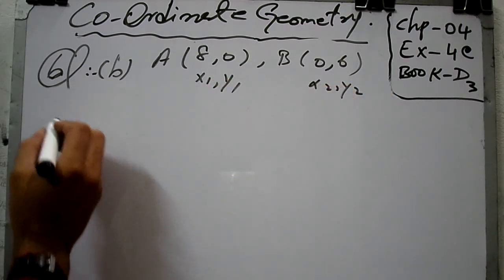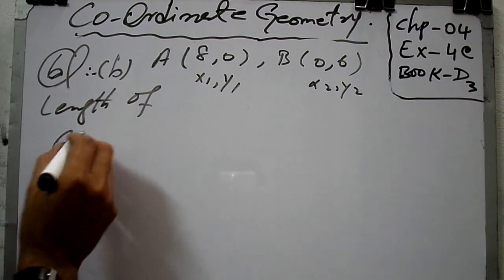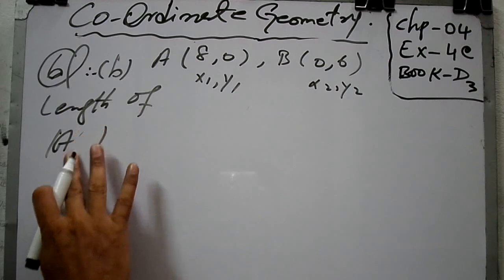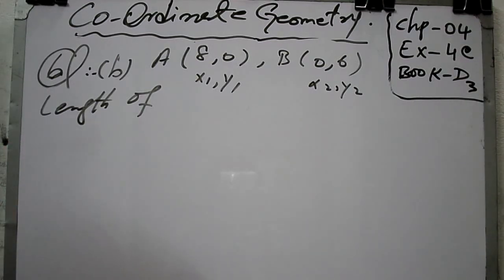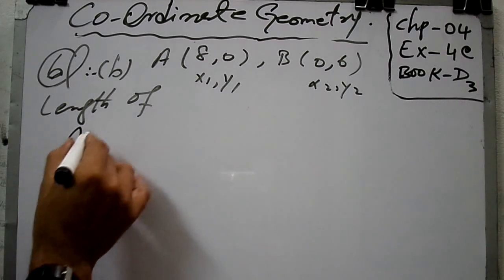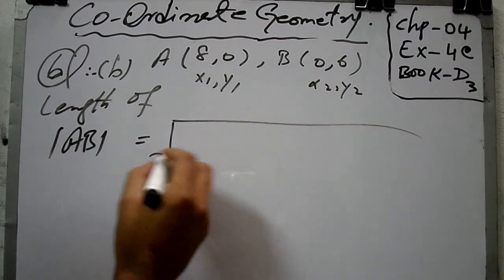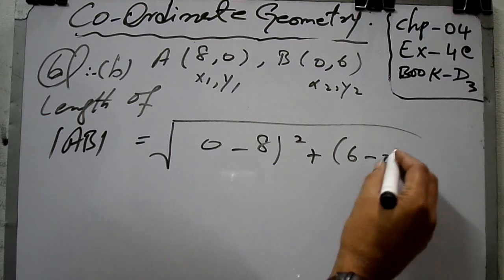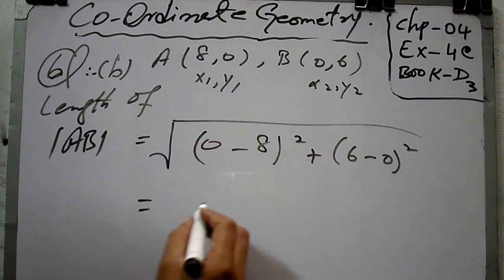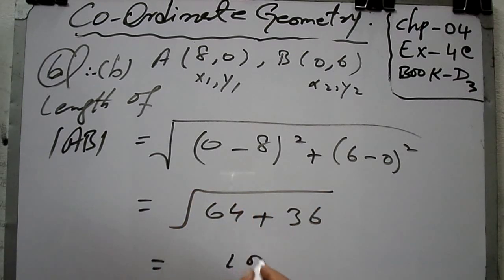So the length of AB, you have to use the distance formula. You are well familiar with this distance formula, putting the values, after simplification you will get 36 plus 64, so 100, so the value is 10.